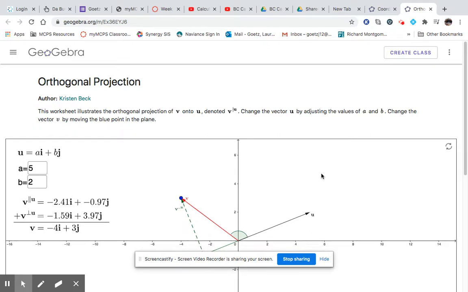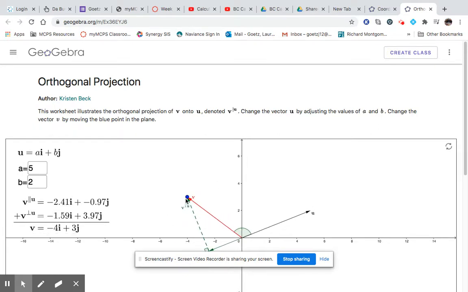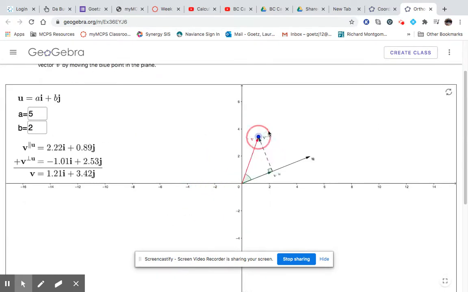So here's a nice applet where you can see, I started with vector u, this red vector, which is 5i plus 2j. What's its shadow? I'm sorry, the shadow is 5i plus 2j.